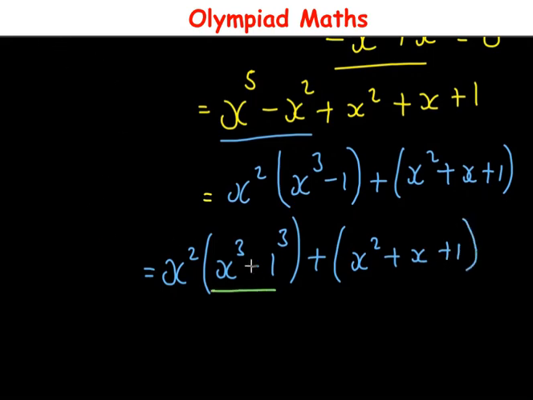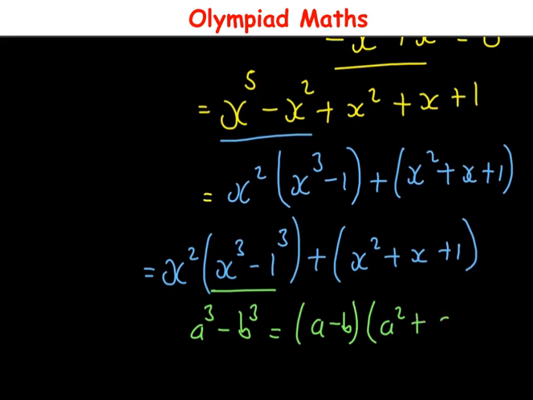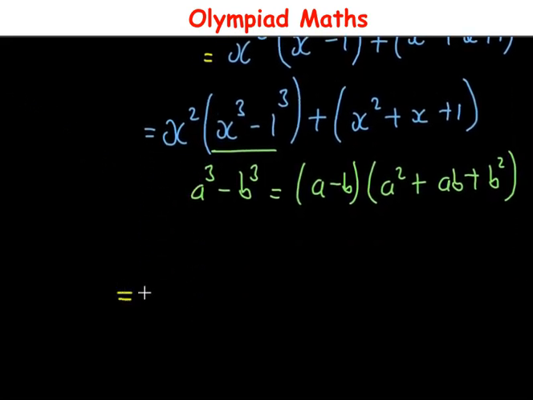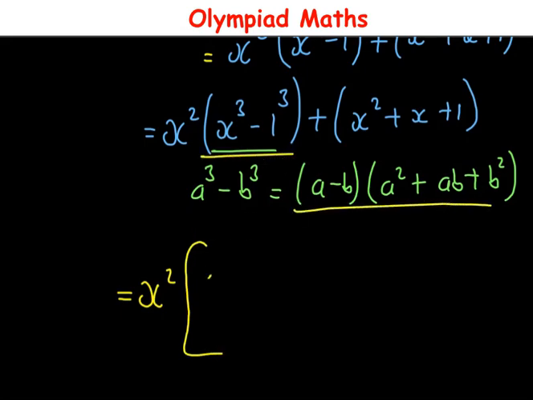Looking at this difference of two cubes, if you have a^3 - b^3, this equals (a - b) multiplied by (a^2 + ab + b^2). Such that this becomes x^2 into bracket (x - 1) multiplied by (x^2 + x + 1).